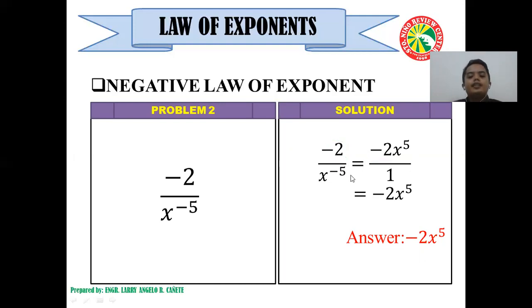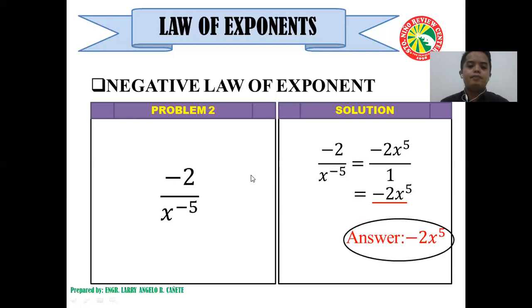And then, since the exponent of x to the negative 5 is negative, it goes up, over 1. This whole quantity x to the negative 5 goes up, but changes to a positive sign. That is case 2, over 1. Or simply negative 2 x raised to 5. So that is the final answer.